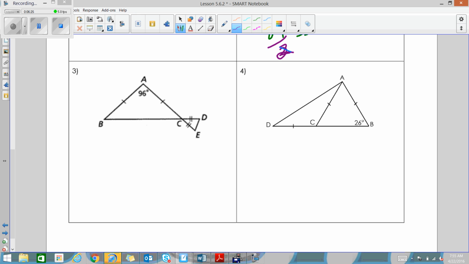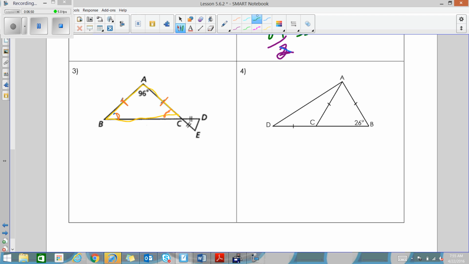Here we go. Let's go down to number 3 now. This is similar to some problems we worked on yesterday. Now we have multiple triangles in here, so you really have to focus on one triangle at a time. We're going to start with this triangle right here. We know these two sides are congruent, which means that these two angles opposite them are congruent as well.